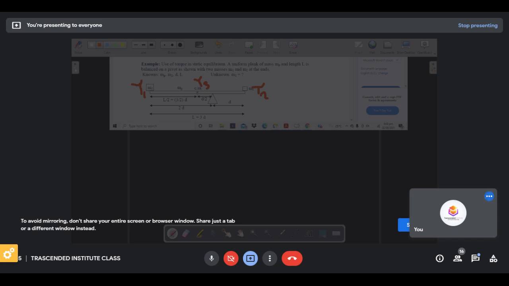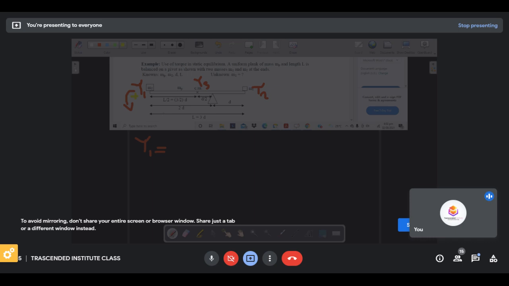Let's now try to write them in relation to what we have been given. So torque 1 is going to be equal to what? The force is negative, it's acting this way. It's anti-clockwise direction. Is anti-clockwise negative or positive? Positive.